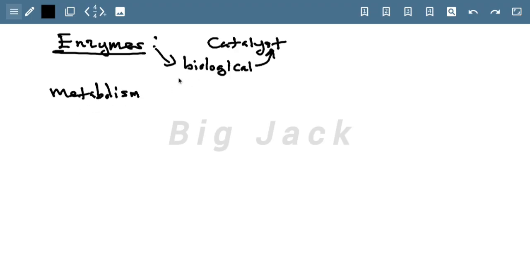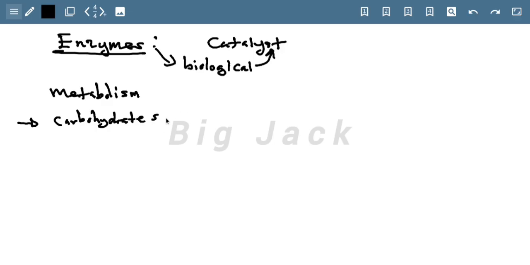Away from that, what should you know about enzymes? You need to know examples of enzymes and their effect on different types of nutrients. Let's say, for example, carbohydrates.